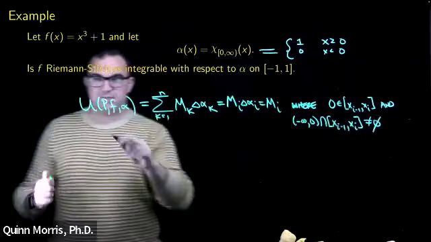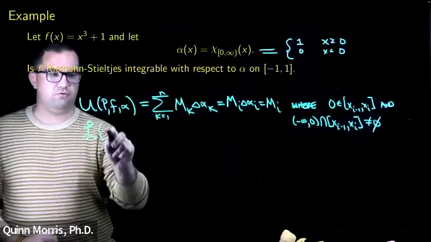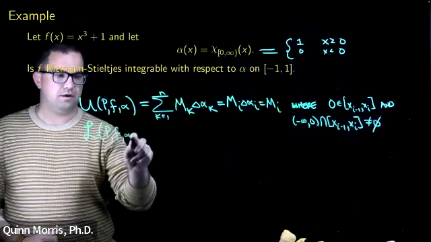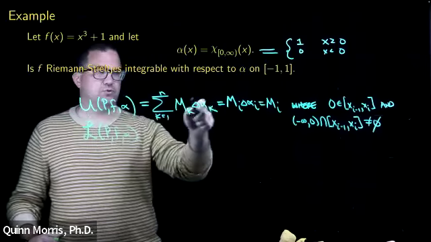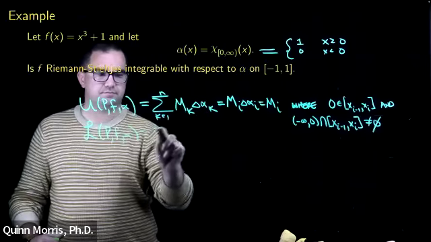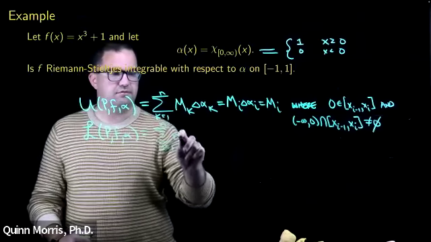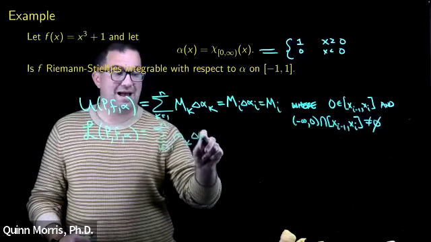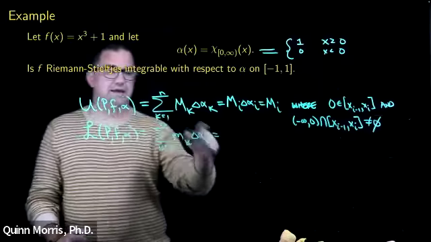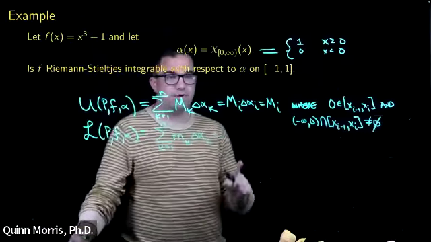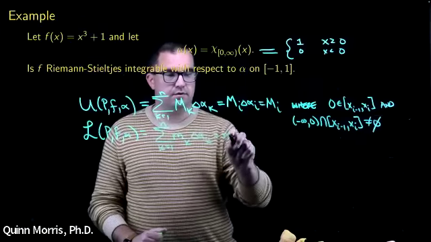Now that's great. We can actually do something almost identical for the lower sums, because again, all of this has to do with the delta alpha k's. So this will be the sum k equals 1 to n of little m sub k delta alpha k. But again, all of our alpha k's are going to be 0 except for 1.